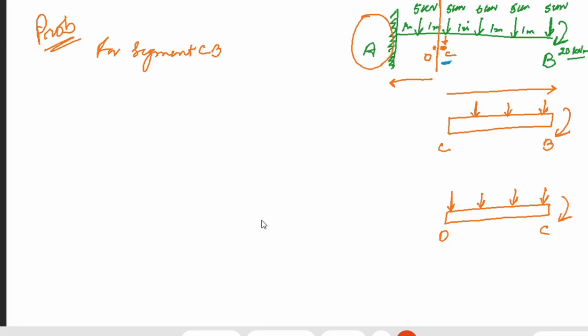But while calculating, I cannot consider that load which is at point C. Once I move towards the left, leaving point C, at a point quite near to point C, then I have to take into consideration this 5 kilonewton load which is there. Okay, 1 meter, 1 meter, 1 meter.